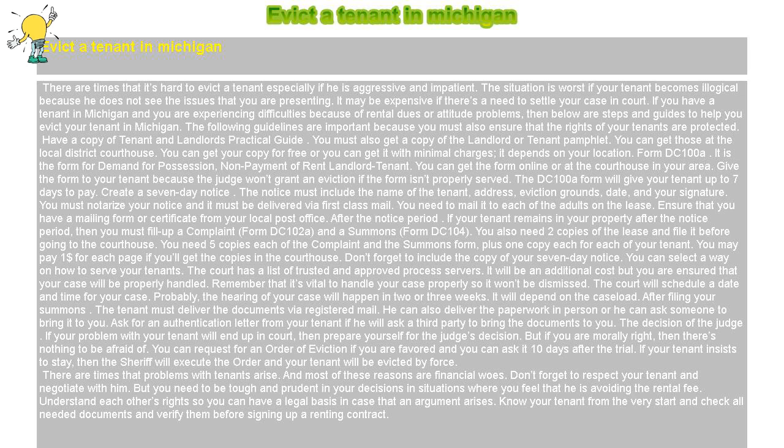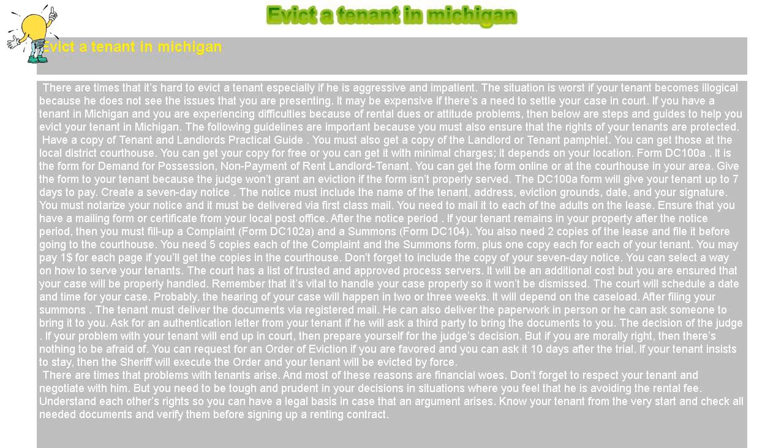After the notice period, if your tenant remains in your property, then you must fill up a complaint, Form DC 102A, and a summons, Form DC 104. You also need 2 copies of the lease and file it before going to the courthouse.